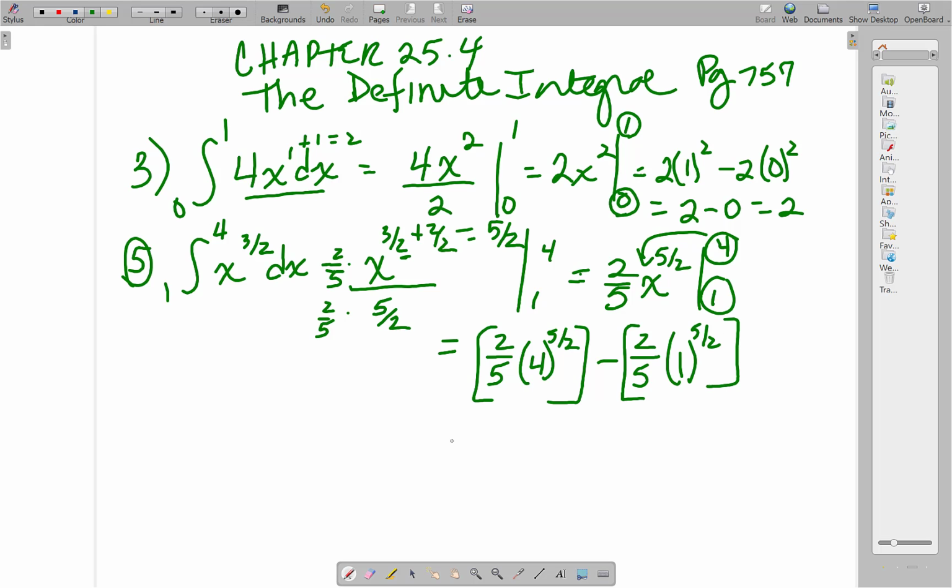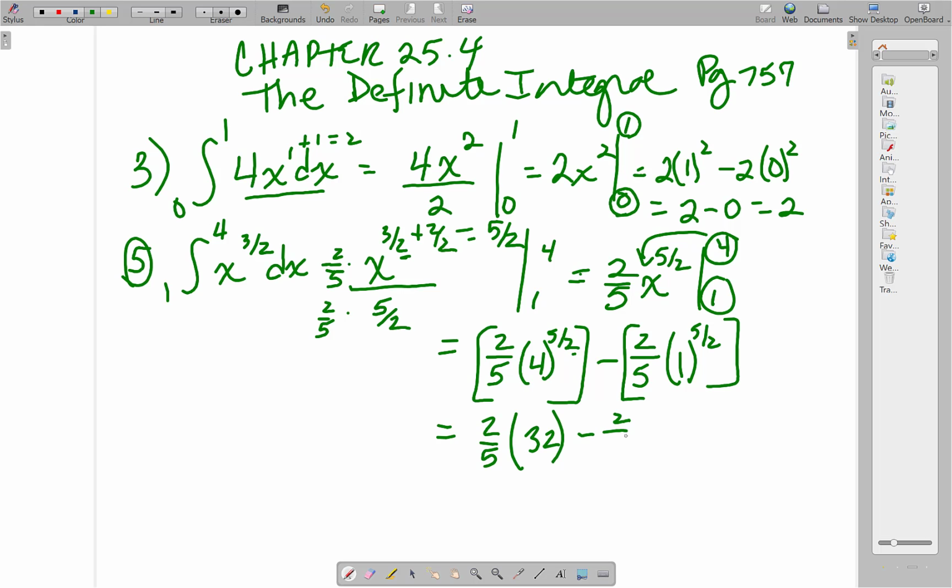Oh, great. These are great problems, huh? And 4 to the 5 halves you can put into your calculator. This is going to be 2/5 times, that will give you 32. Remember how you do this. The shortcut way to do it without a calculator: the square root of 4 is 2, and 2 to the 5th power is 32.